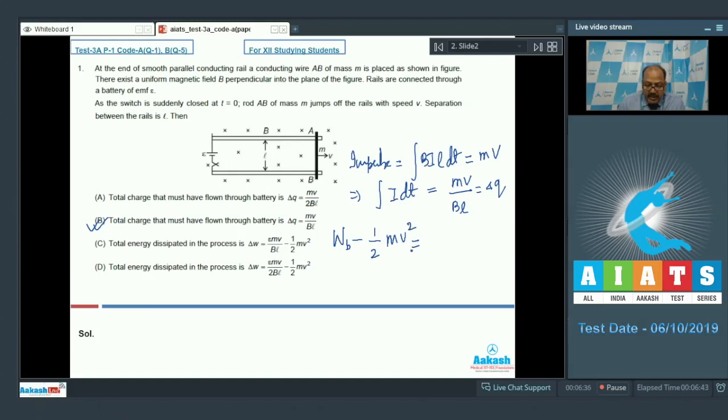The work done by the battery will be EMF into delta Q. So that means it is equal to E mv by BL, that's the work done by the battery, minus half mv square. This is the heat dissipated, right? Let's see if it matches with the options given. It's matching with option C. So option C is correct. Option D is incorrect. We can now go to the next question.